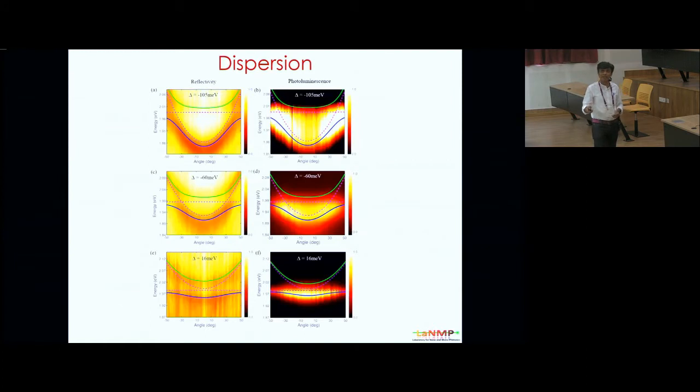And this is a Fourier space image of reflection and photoluminescence from this sample for samples with different detuning. The detuning means the difference in energy at k equal to 0 between the exciton and the cavity photon. And you see that for all three of them you can extract the anti-crossings and the Rabi splittings. The photoluminescence is all happening in the lower branch.